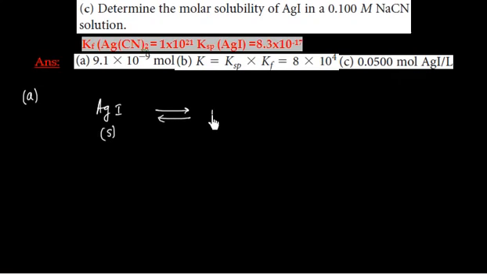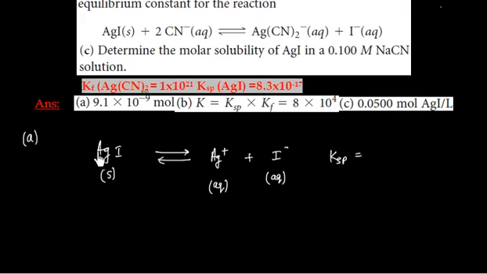AgI will dissociate and it will give Ag plus and I minus, and the solubility product for this is given, that is 8.3 into 10 to the power minus 17.